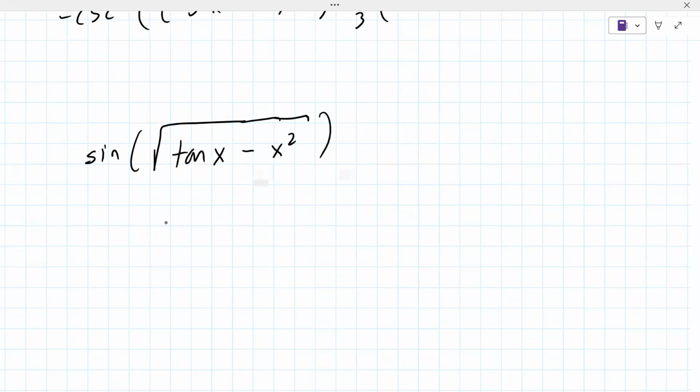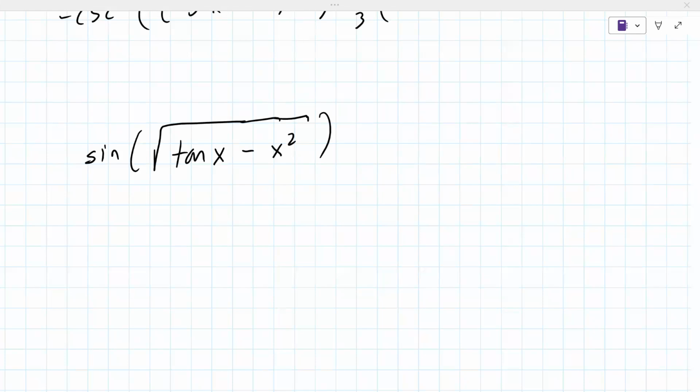Okay. So we change it to sine of tangent x minus x squared to the 1/2, and then my u equals tangent x minus x squared.